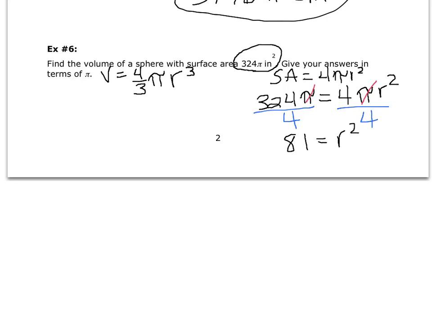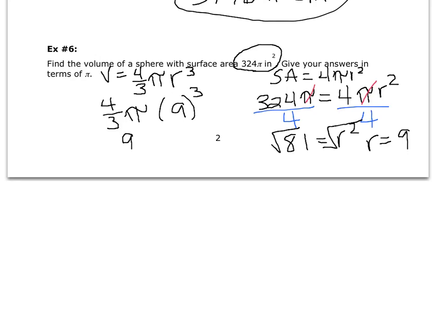And then when we want to get rid of r squared, we square root both sides, and r is equal to 9. Now I can proceed with my volume formula. So I can now do 4/3 times pi times 9 cubed. Like I said, you could do 9 cubed times 4 divided by 3, and you should end up with 972 pi.